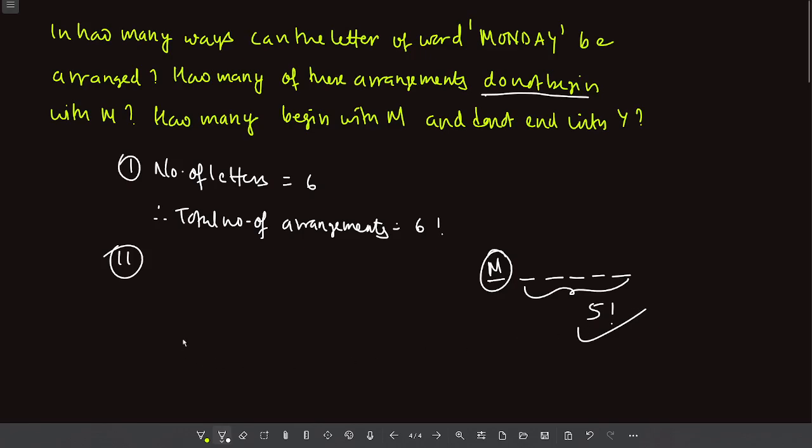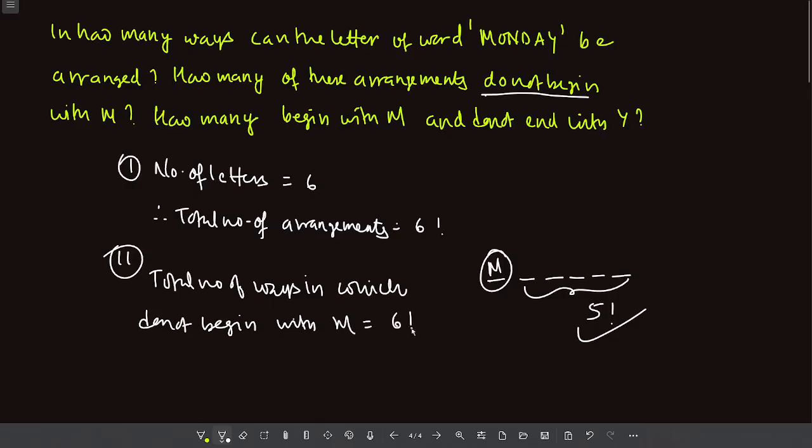Now you are correct. So the total number of ways in which arrangements do not begin with M will be equal to 6 factorial minus 5 factorial.